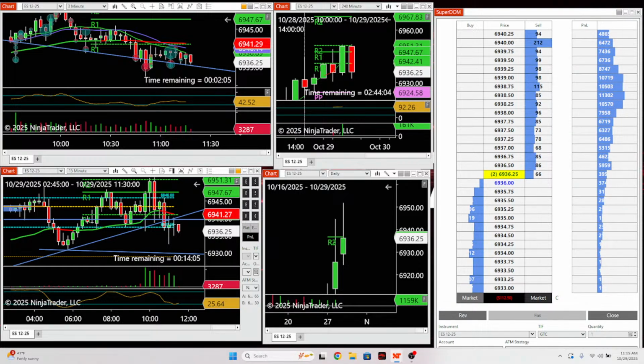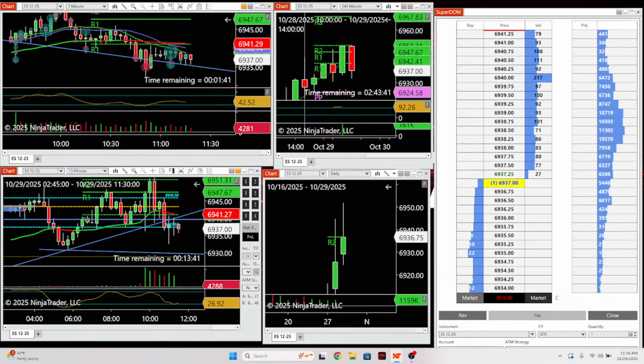I would like to see a void in between these spaces, these support levels. We buy 36, 37s, sell at 39, 38.